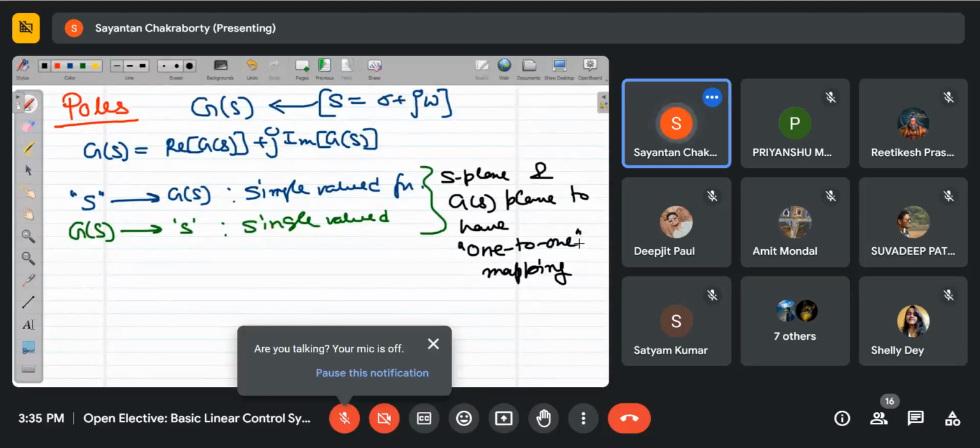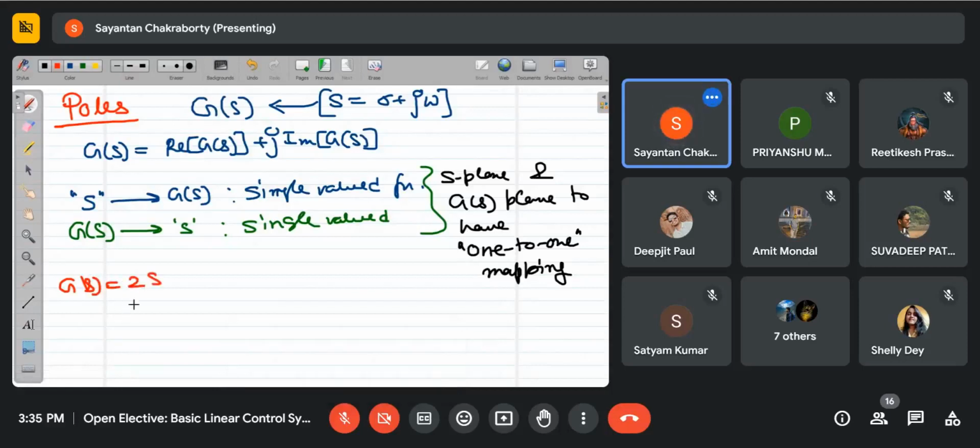Right? Suppose, for example, G(s) is equal to 2s. So for each and every value of s, we get a value of G(s). Similarly, for each and every value of G(s), there is one mapping, and you can write s equal to G(s) by 2. It's a one-to-one correspondence. Now, what about this function?